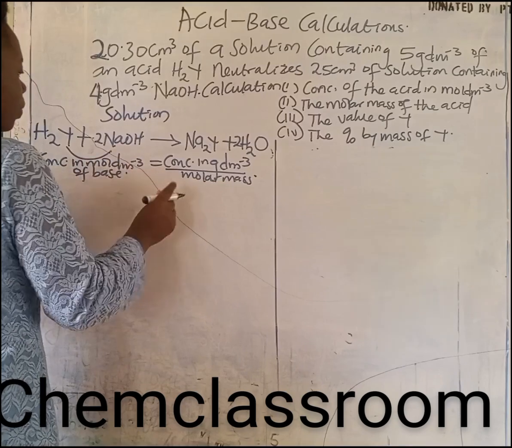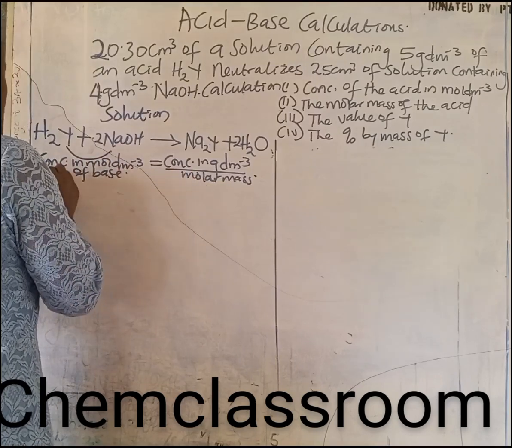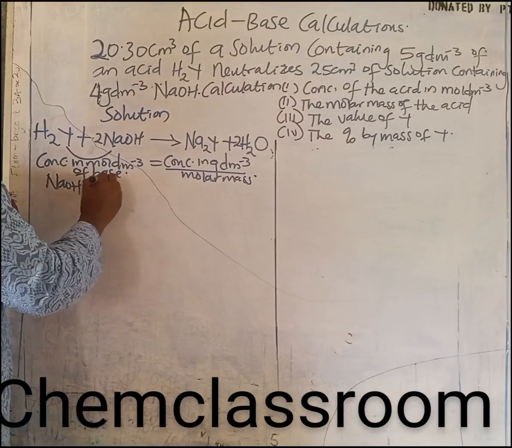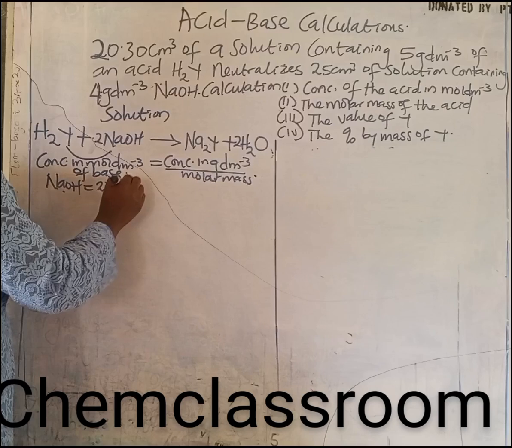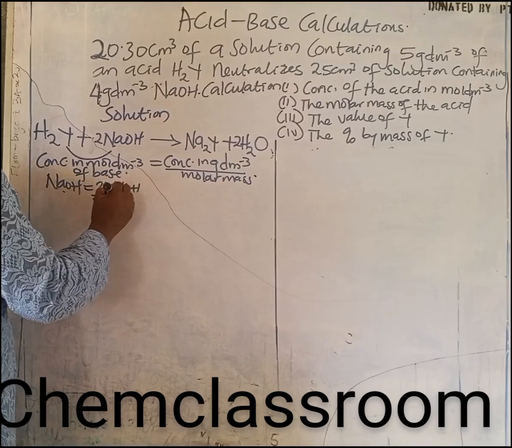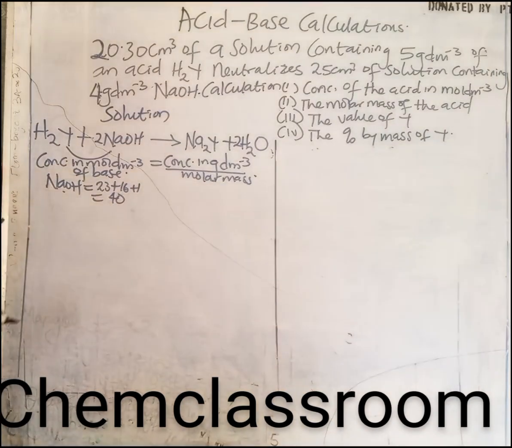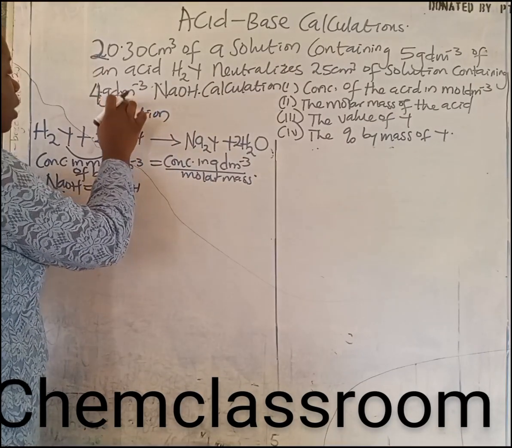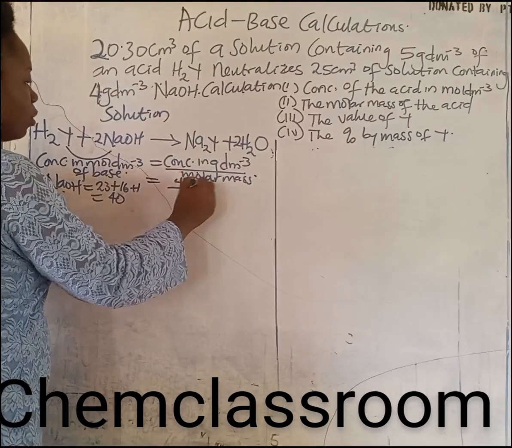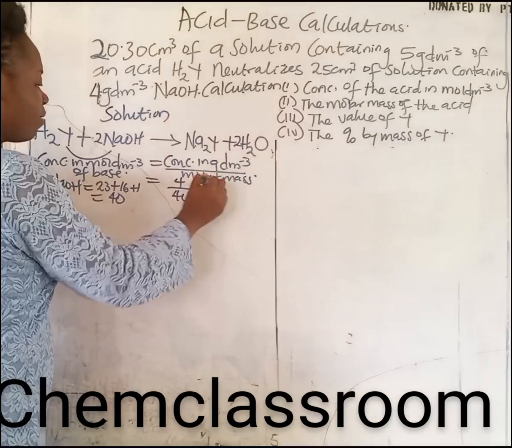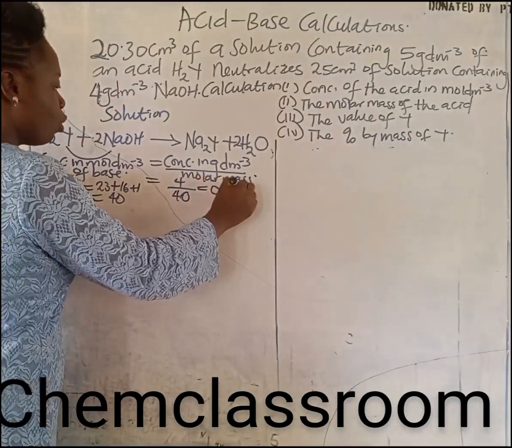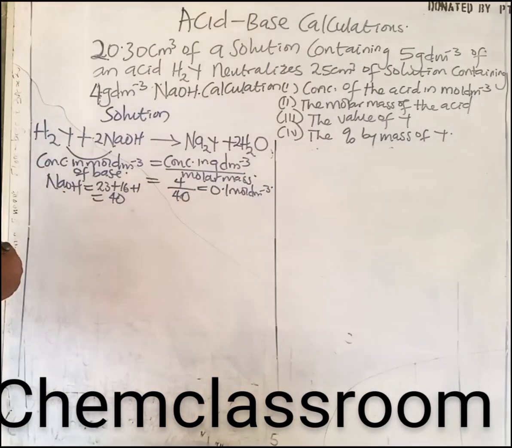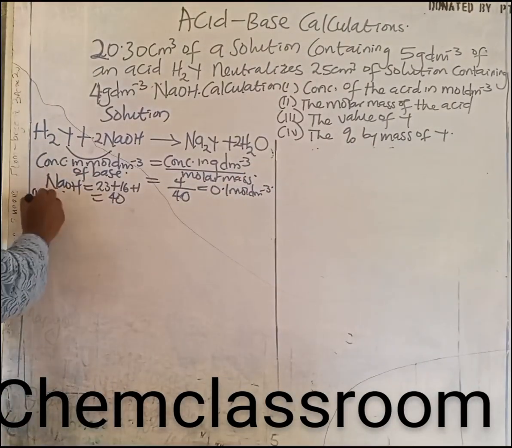So the molar mass of NaOH: sodium is 23 plus 16 plus 1, so that gives me 40. The concentration in grams per dm cube of NaOH that was given is 4. So I have 4 over molar mass 40, which gives 0.1 mole per dm cube for the base. Okay, so now I'll proceed to my first question.